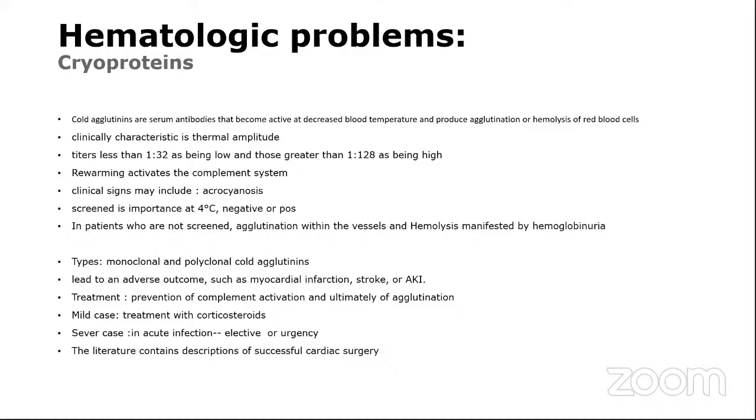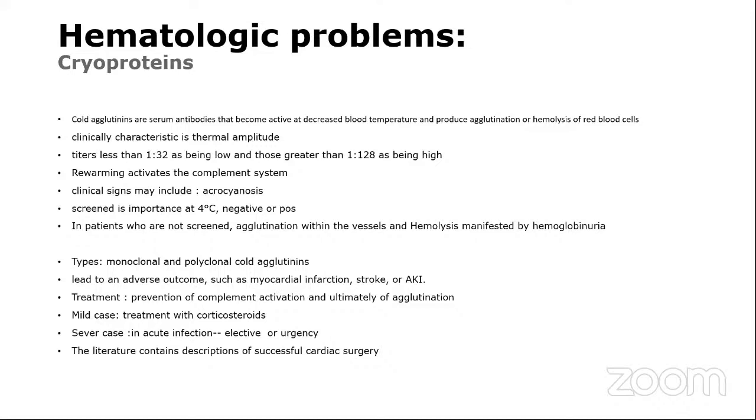For the cryoproteins, we have to know the cold agglutinin, which is an antibody forming against and becoming active against RBCs, where once the blood temperature decreases, agglutinin is produced, attaches to the RBCs and causes hemolysis.